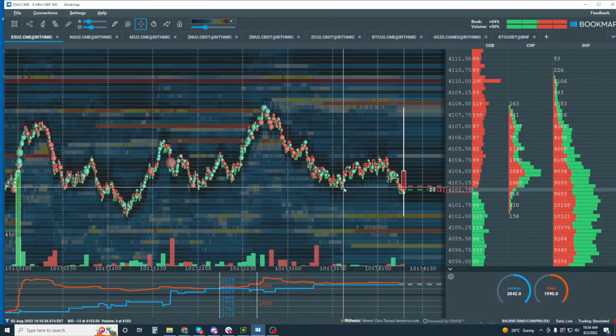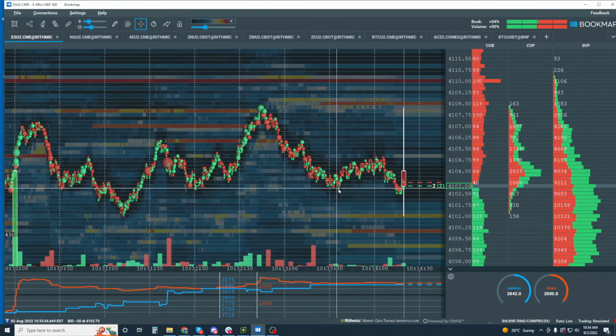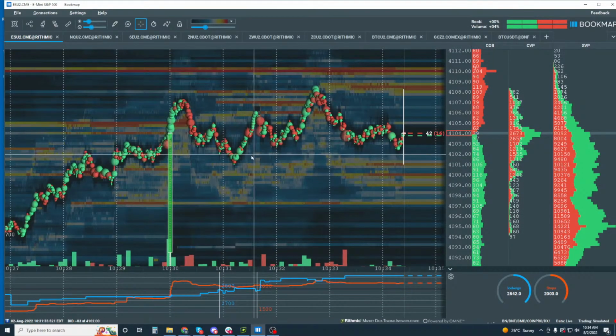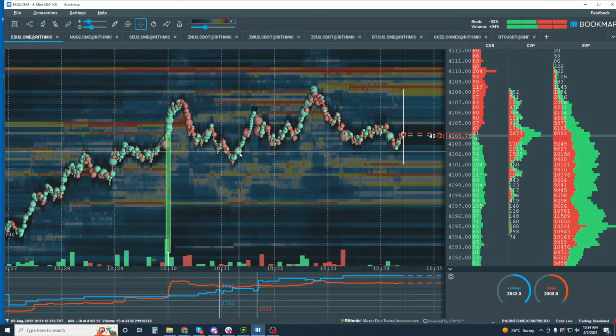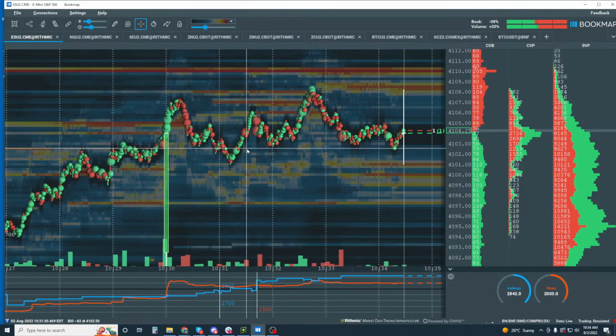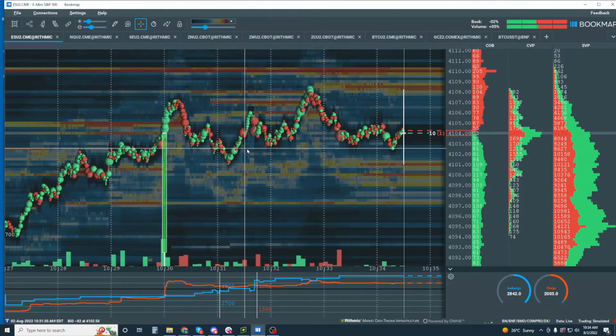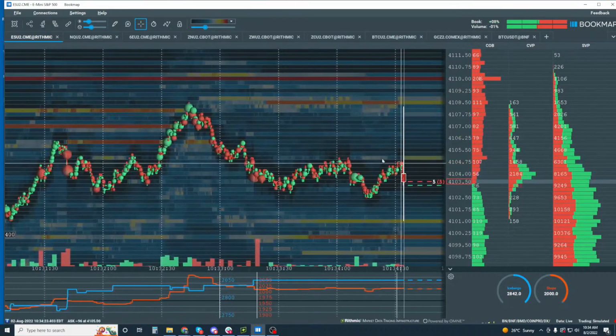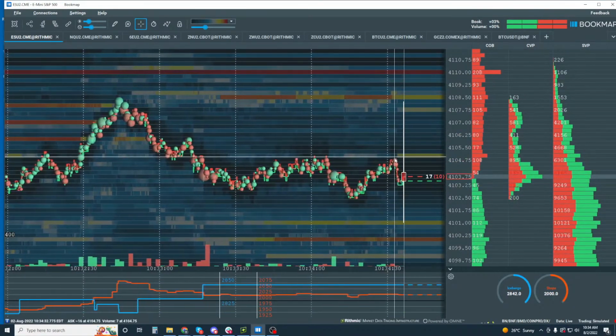Okay, secondary scenario here. Right in here is where we need to find our sellers for them to try to take control. All right, here they go, mounting that attack again, and nothing up there.